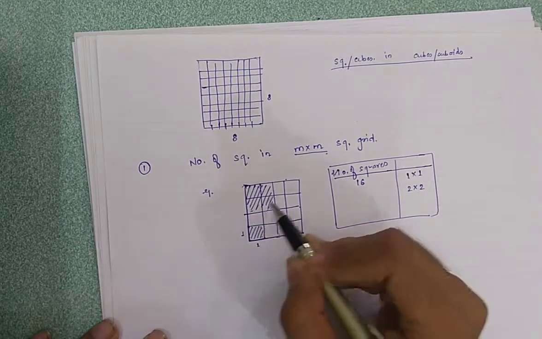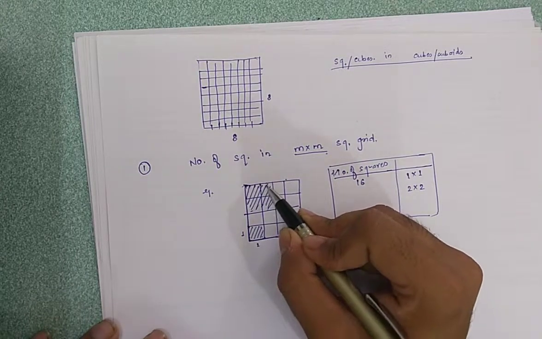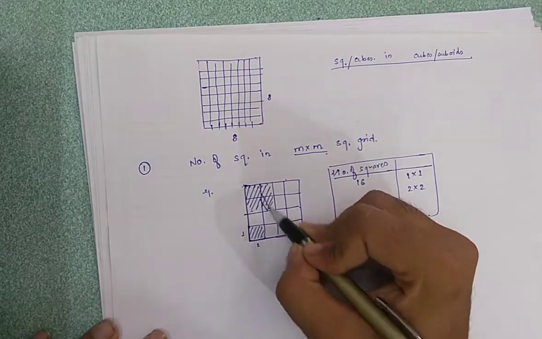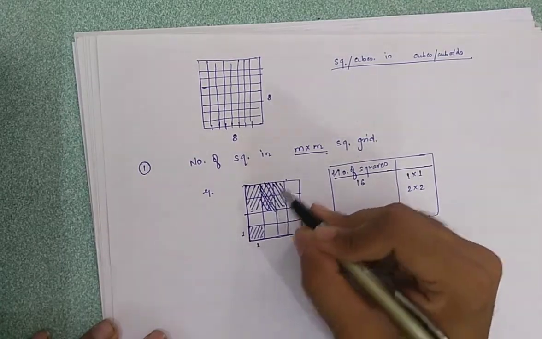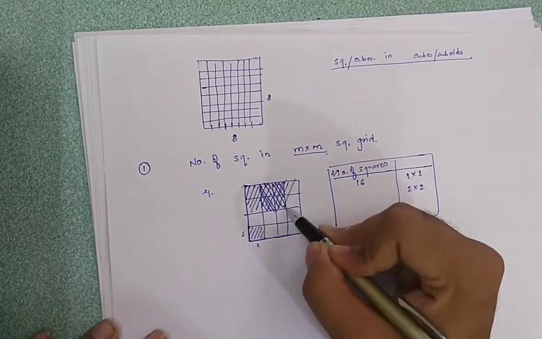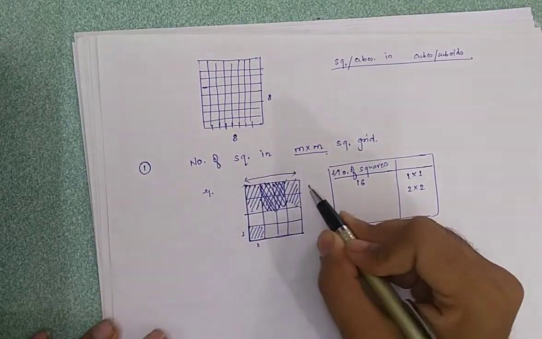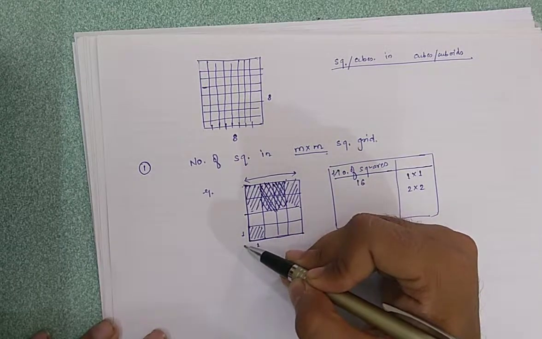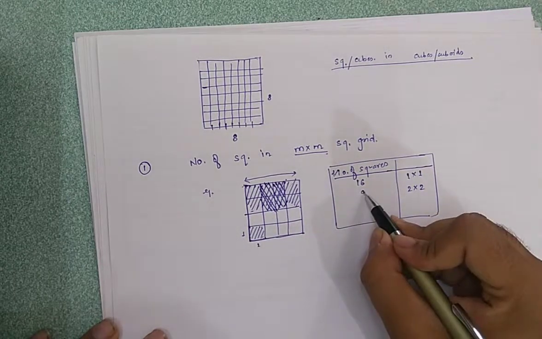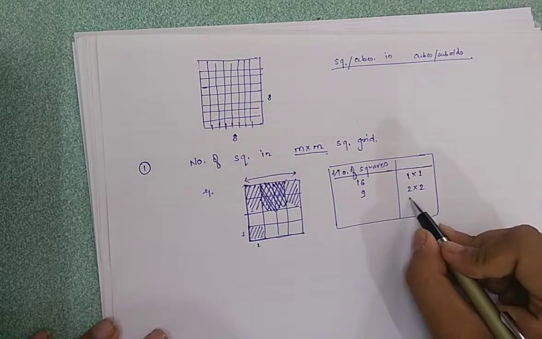The second square of 2 into 2 type will be this, and the third one will be this. So we can see there are 3 squares in a row multiplied by 3 squares in a column as well. So there will be a total of 9 squares of 2 into 2 dimension.